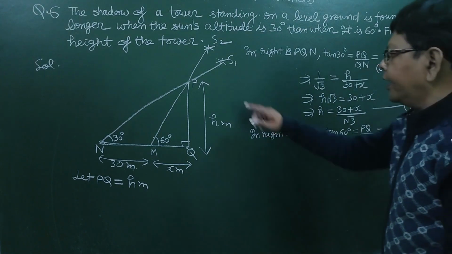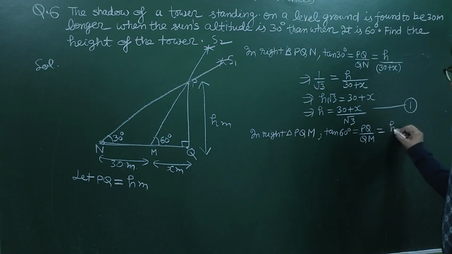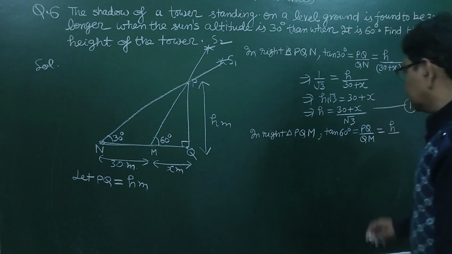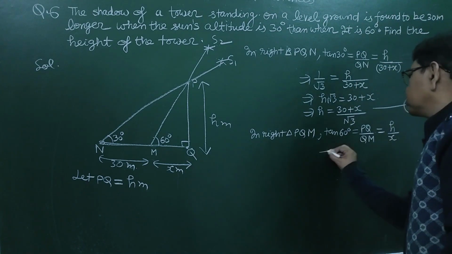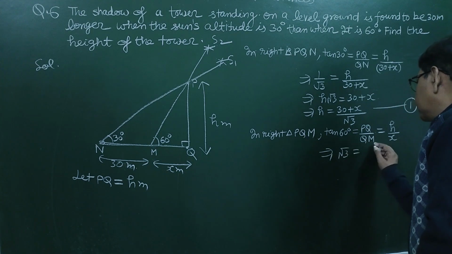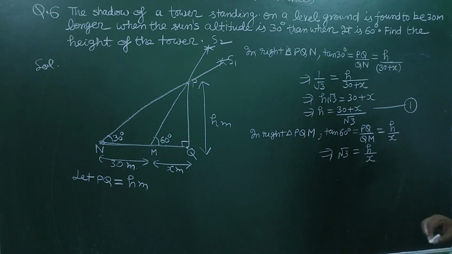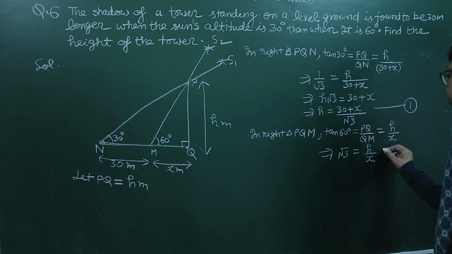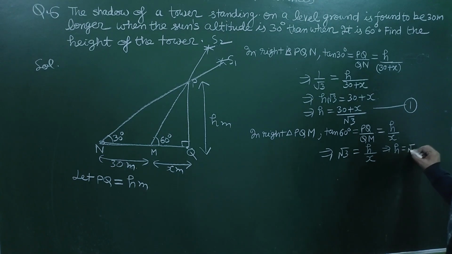PQ is equal to h, QM is x. So tan 60 degree, that is root 3, is equal to h upon x. So we can find here h is equal to root 3x. This is number 2.